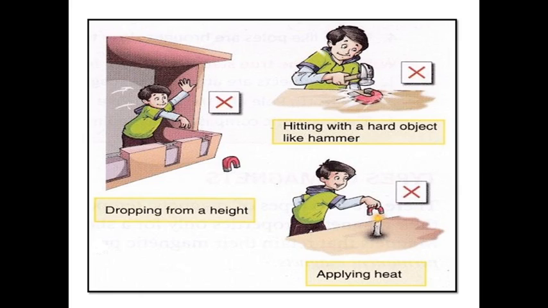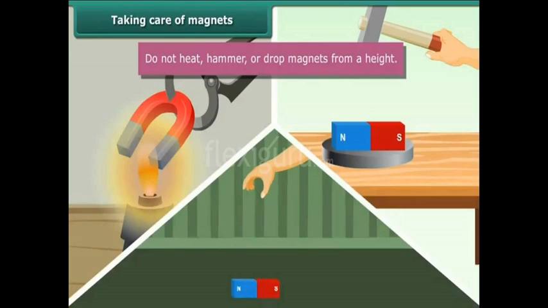So we should not hammer it, we should not take that magnet near heat, and we should not drop that magnet from a height. Understood how we have to take care of the magnets? See here, do not hit, do not hammer, and do not drop magnets from a height. So we have to avoid these three activities.